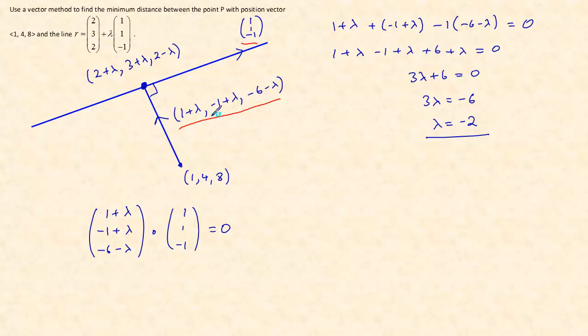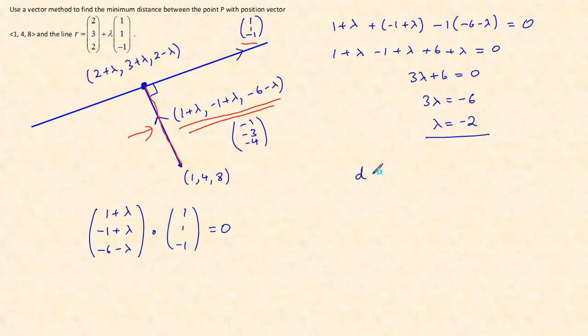Now the vector just here is this vector, and what we want is the distance, which is the length of that vector. So if λ is -2, this vector becomes -1, -3, and -6 take away -2, so that will be -4.